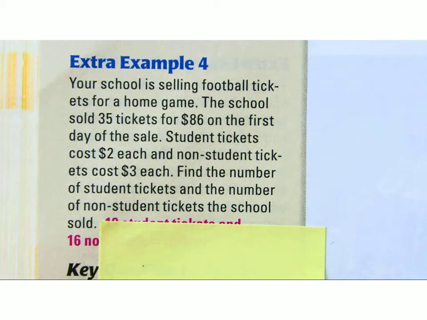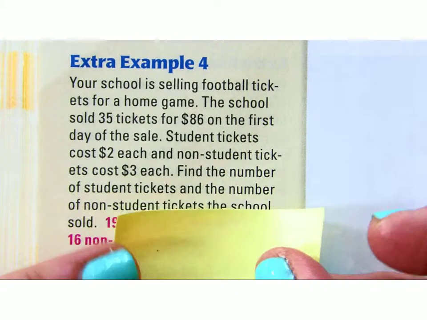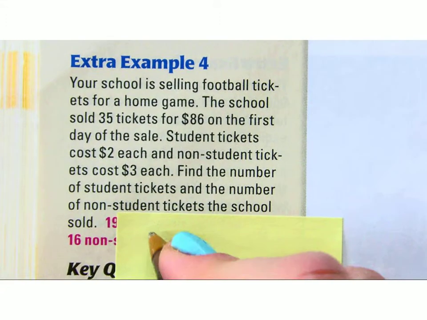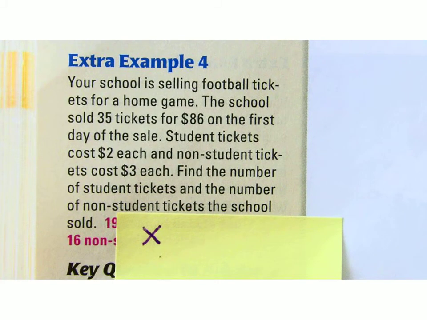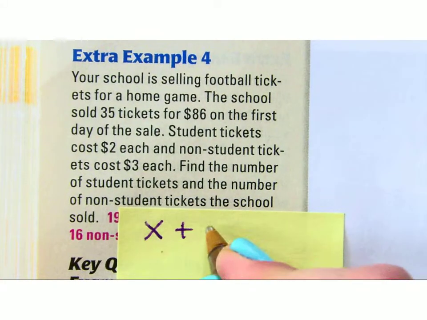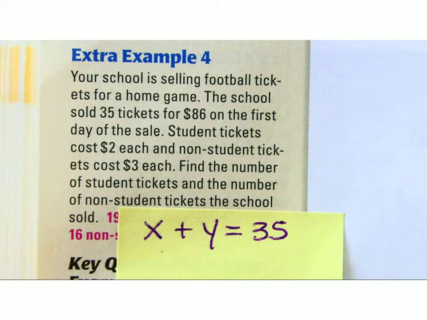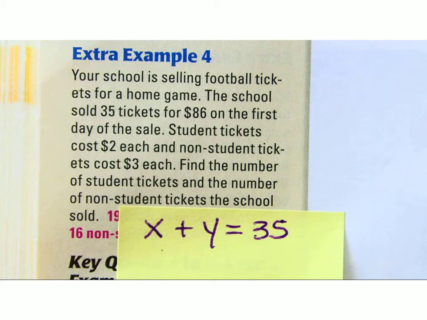So if you let X represent students and Y non-students, all I know is the number of student tickets were X, non-student tickets were Y, and I sold a total of 35. Good. So are you catching on that your first equation is always going to be X plus Y? Okay. And then you incorporate that money aspect to it.